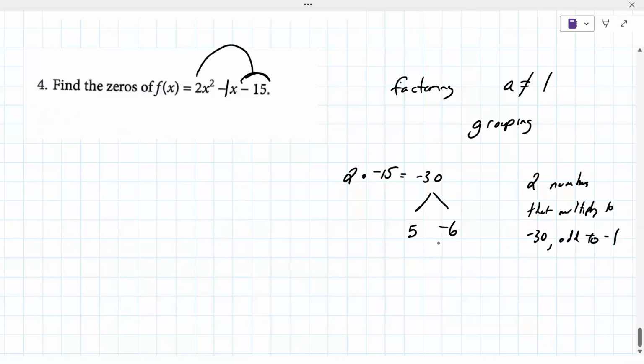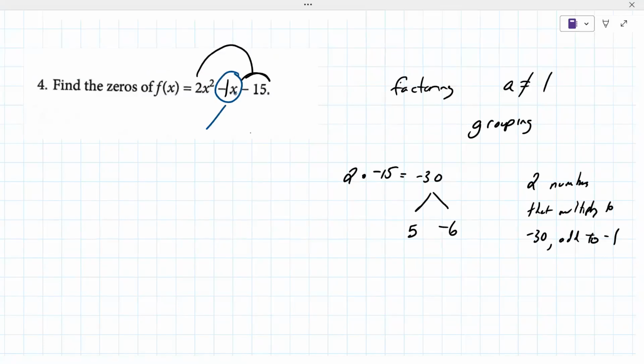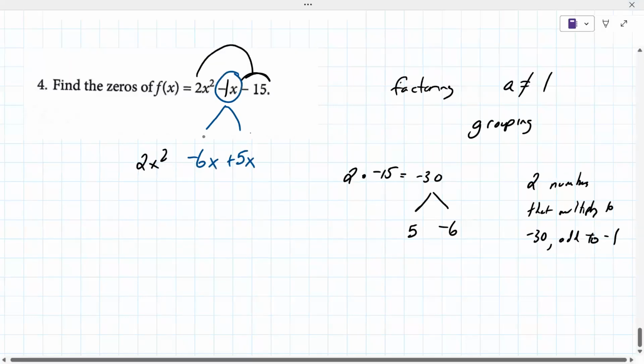So that's how you do this. Now you got to figure out which one pairs better. So what you're doing is you're breaking apart this -1x, and it's better if it's -6x plus 5x. And then you're bringing the other ones down here, 2x squared, like that.